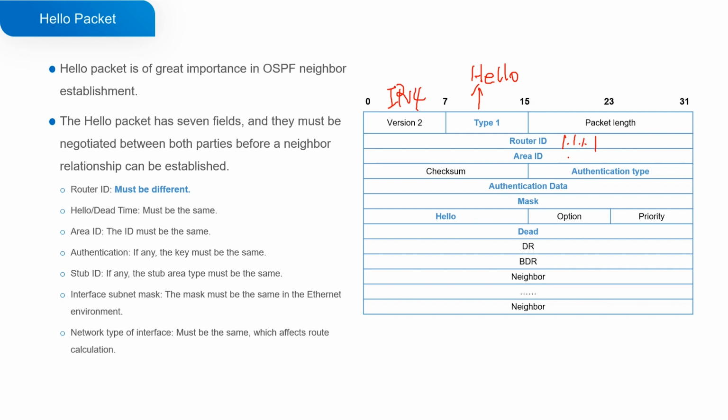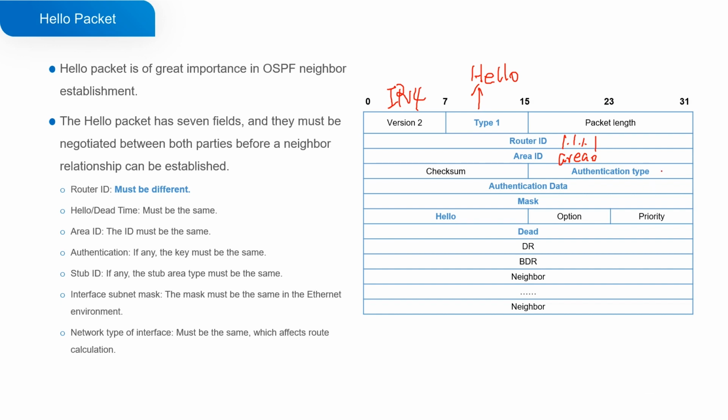And the area ID means which area you belong to, such as area 0 or area 1. And the checksum is to check the integrity of the packet and keep the packet safe, right?